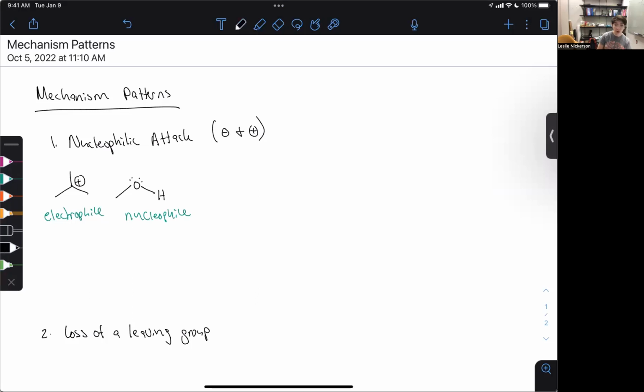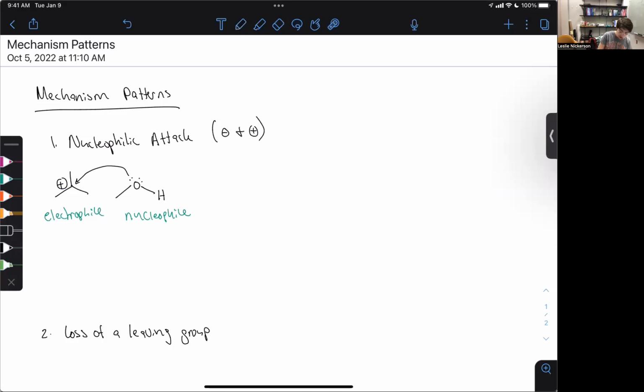When we're looking at where our electron density is actually coming from, it's coming from that oxygen lone pair. This lone pair is going to come and make a bond to that positively charged carbon. I'm actually going to move this over here so that I can make my arrow look a little bit better.